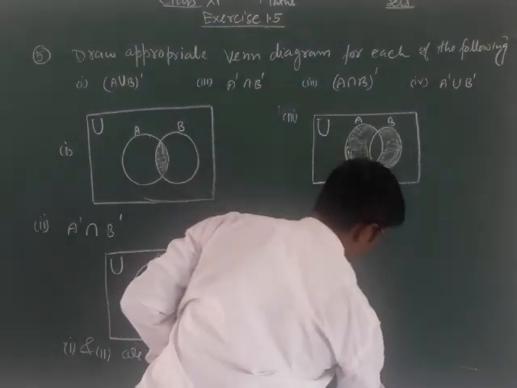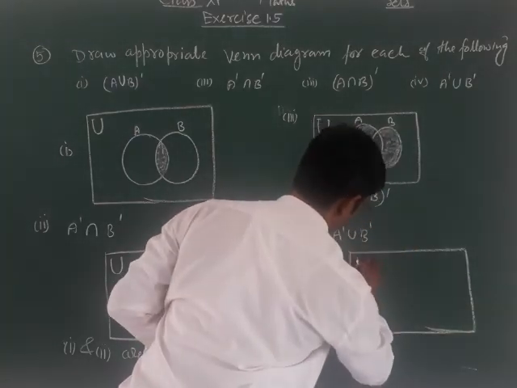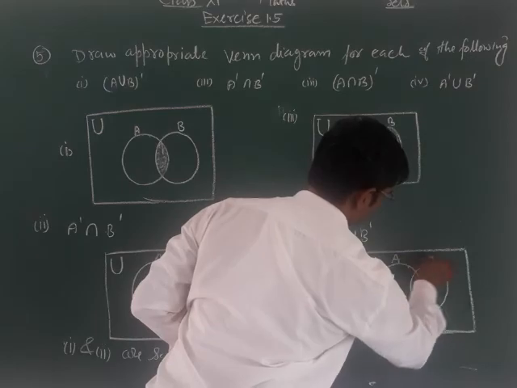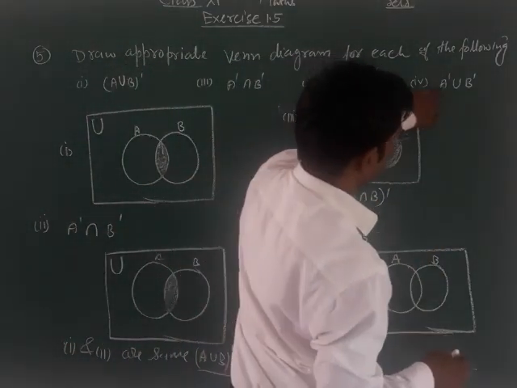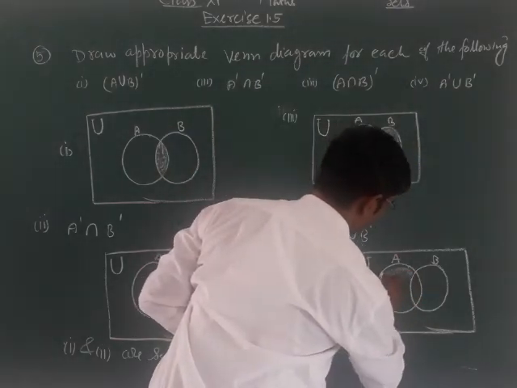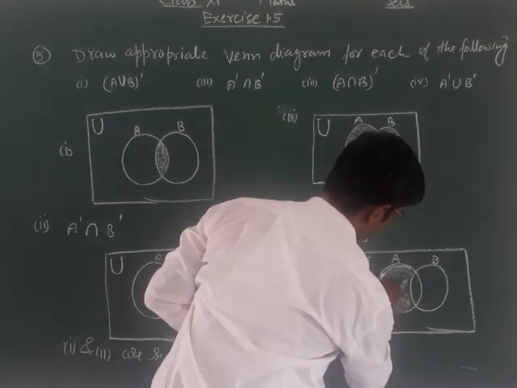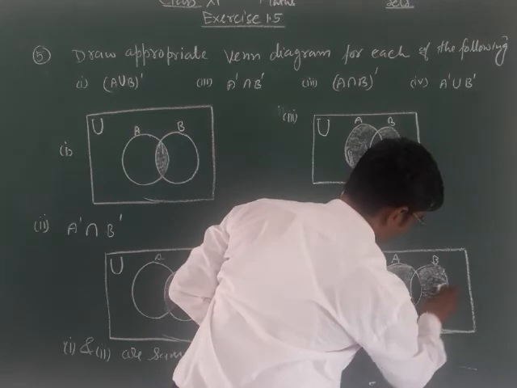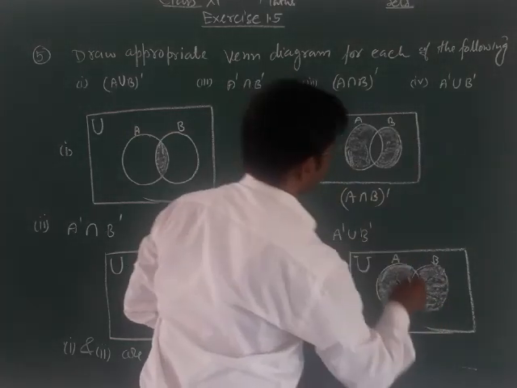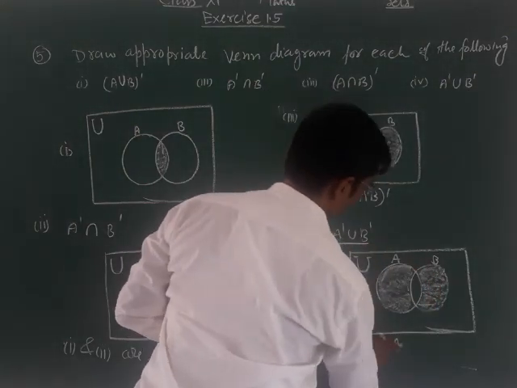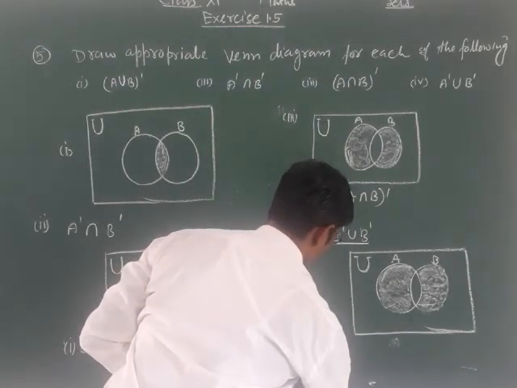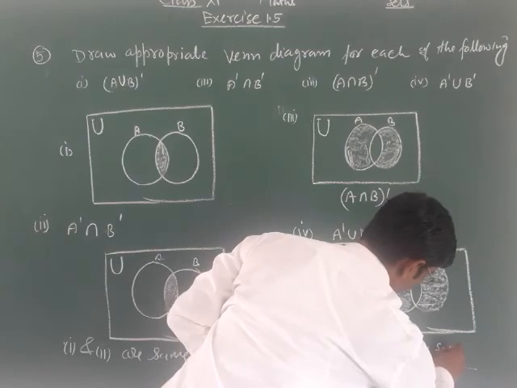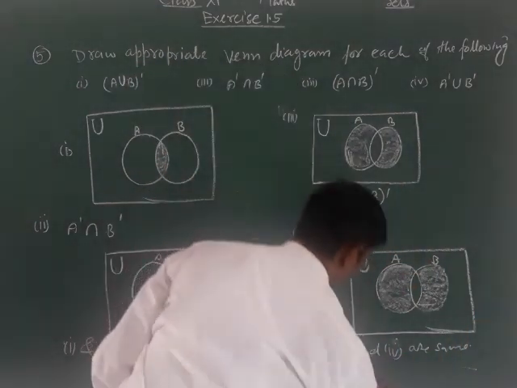So this is also a rectangle, draw the same, this is U and the diagram with the help of A intersection B. So in the same way complement of A, this is complement of A, so this is this, and also this is complement of B. So third part and fourth part are the same by figure, and De Morgan law applies.